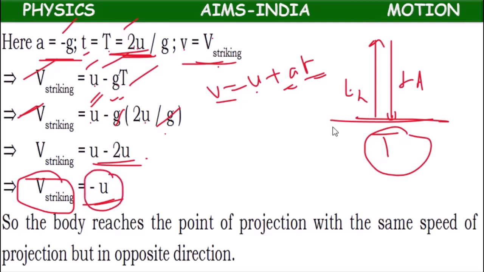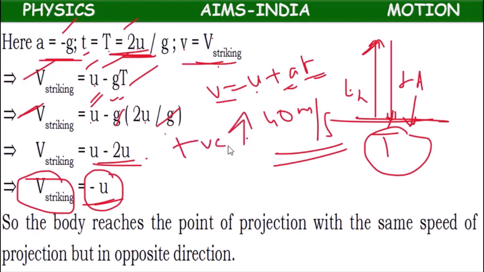Means suppose if we projected the body with 40 meter per second upwards, it will reach the point with the same velocity, but downwards. Beginning velocity direction is upwards, which is taken as positive. Final velocity, the hitting velocity, is downwards, so we take it as negative.